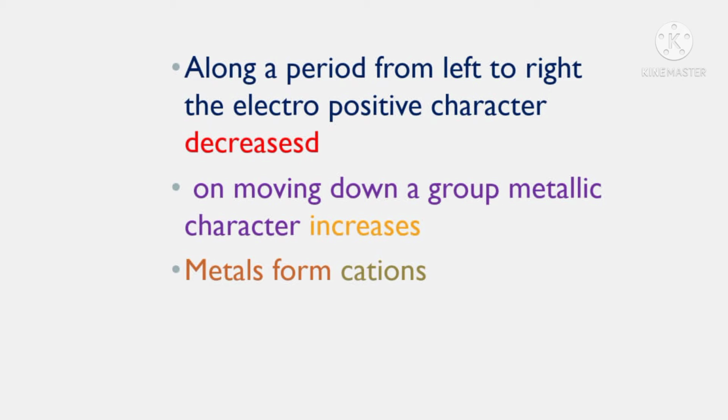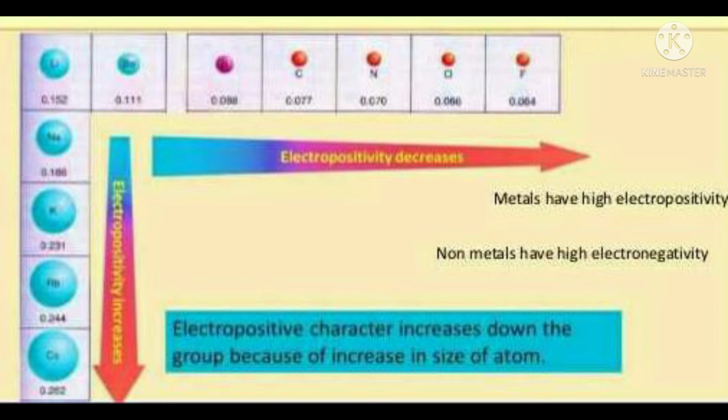That means the electropositive nature decreases in a period on moving from left to right. So the metallic character decreases in a period on moving from left to the right. This is the trend of metallic property in a period.